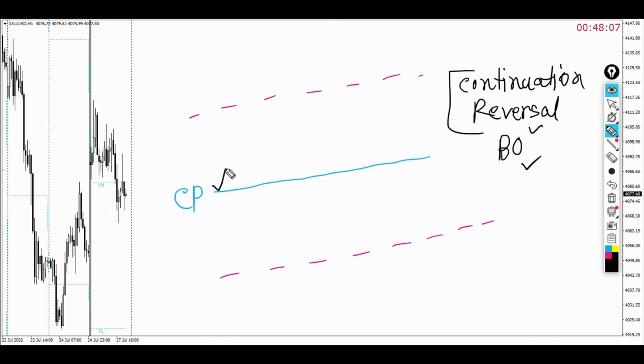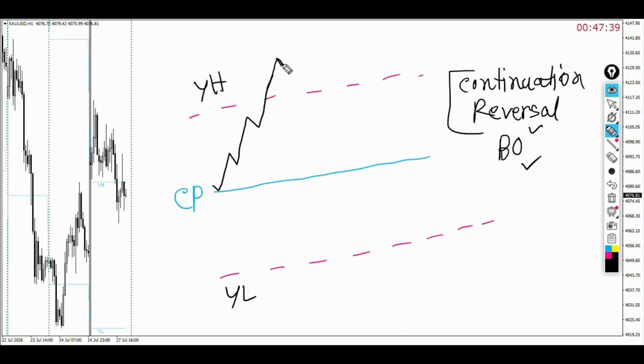The price should be in breakout either at the yesterday high area or the yesterday low area. After the breakout, if we are looking for a continuation trade setup, we can look for continuation in two areas: either on this area, or on this CP area.